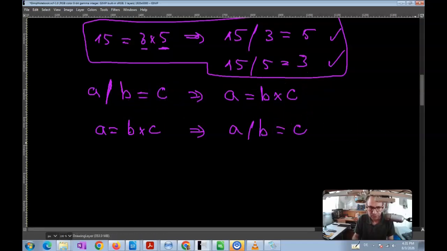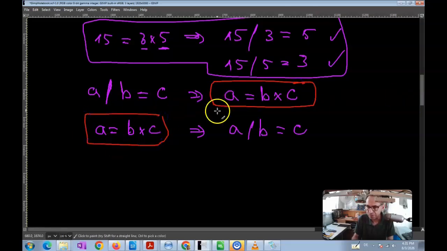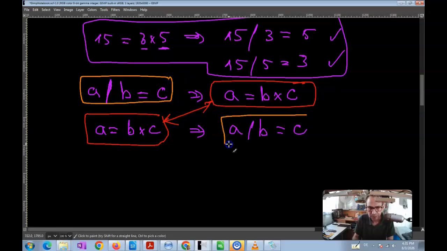So now you see that I have this expression over here, which is exactly this expression. So these two expressions are exactly the same. And I have this expression over here, which is exactly the same as this expression, right?